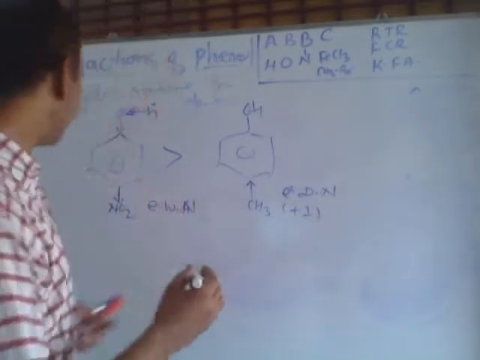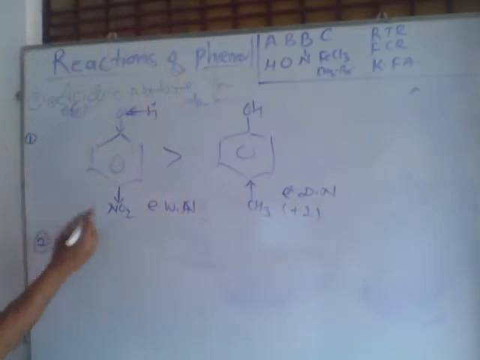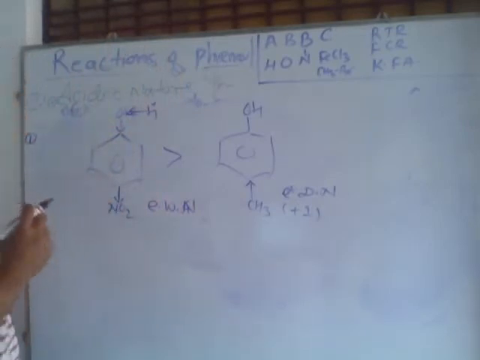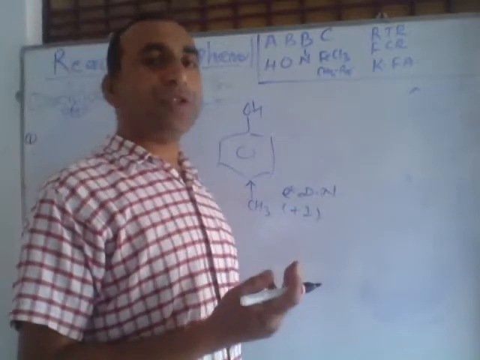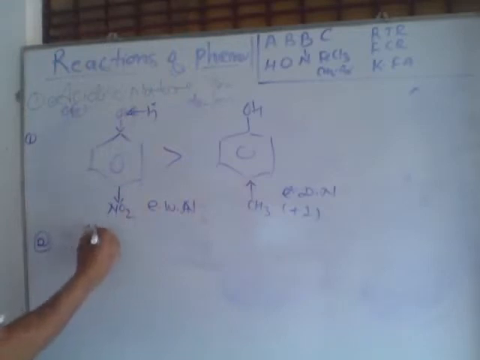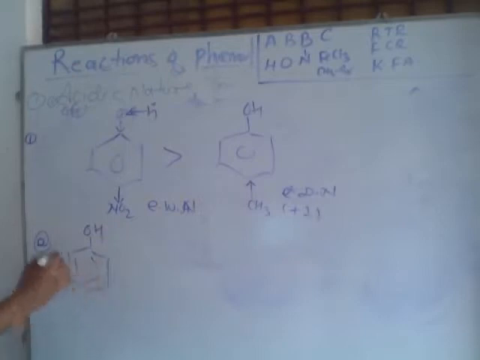Second is where is the location of this group. Nitro is an electron attracting group, but the position of this group matters. Listen, this is phenol, and in phenol the position where the group is attached is ortho, meta, or para.